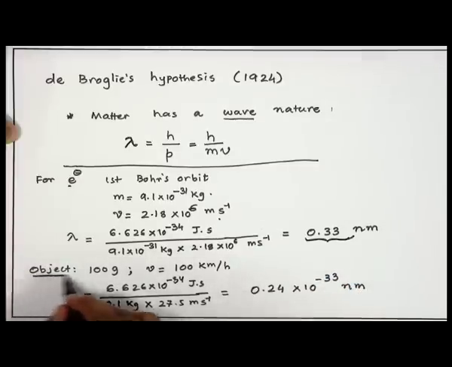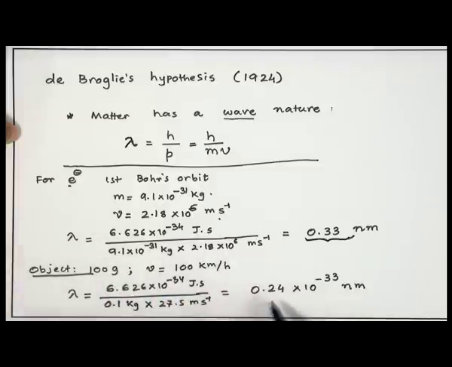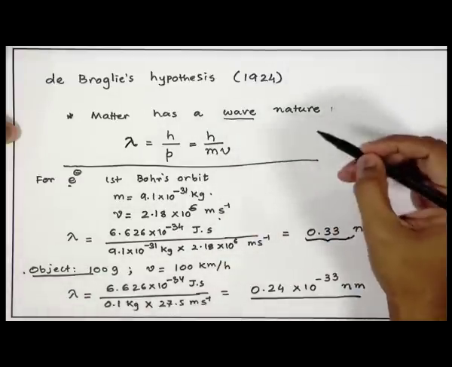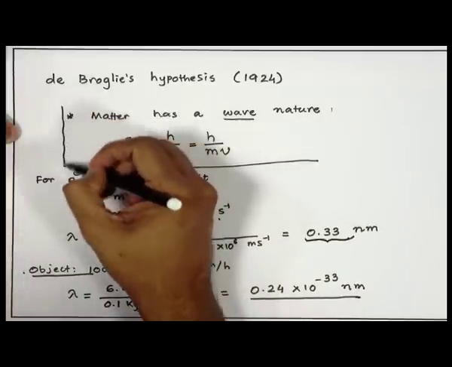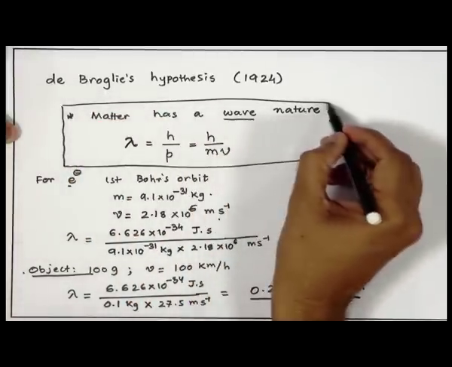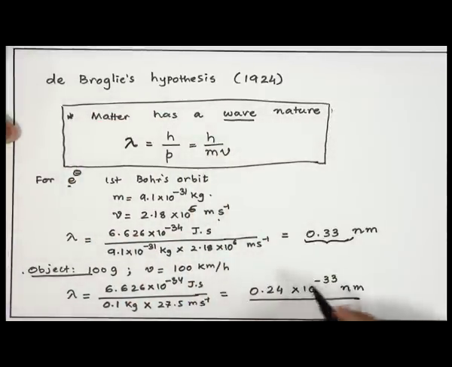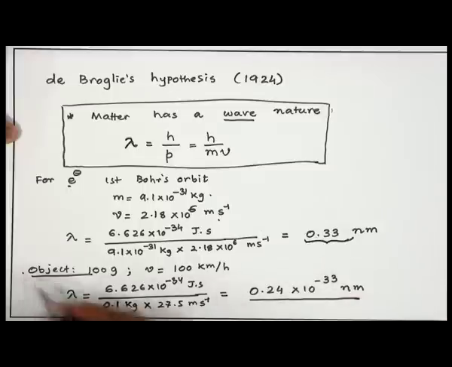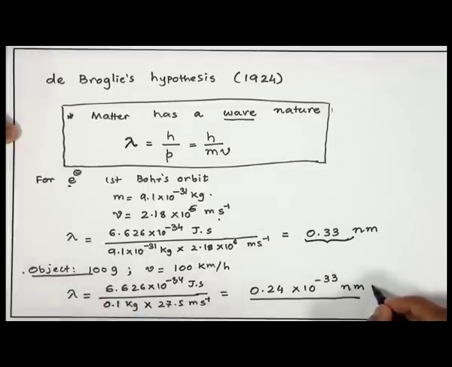An everyday object with mass 100 gram has of course a wave-like nature, but its wavelength is 10 to the power minus 33 nanometer. So, you can see de Broglie's hypothesis, although it sounds very puzzling that how can matter have a wave-like nature, it is all right, because for massive objects, for the everyday objects that we encounter, this wavelength is negligible.